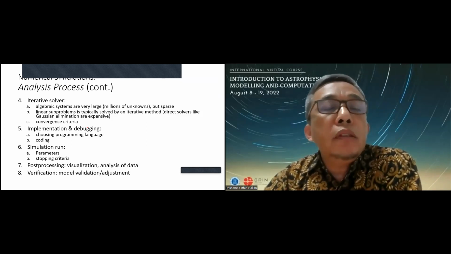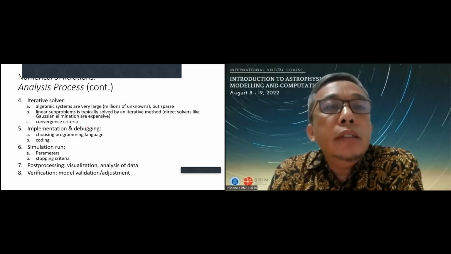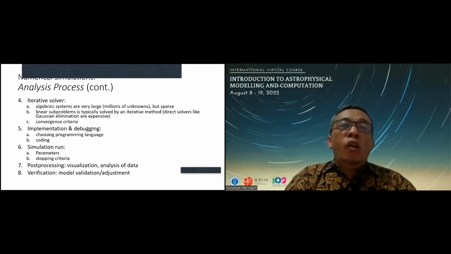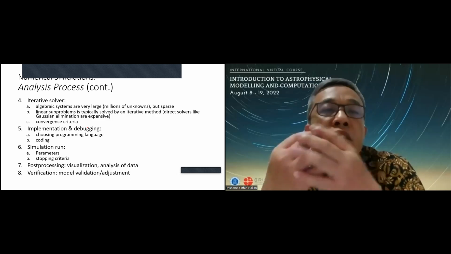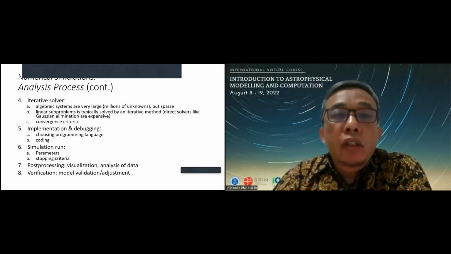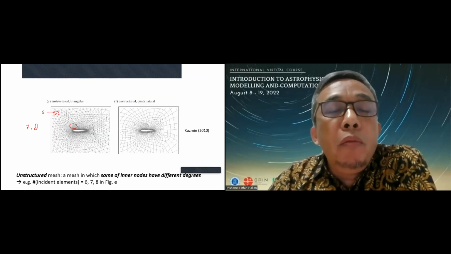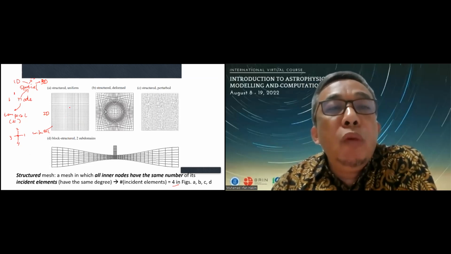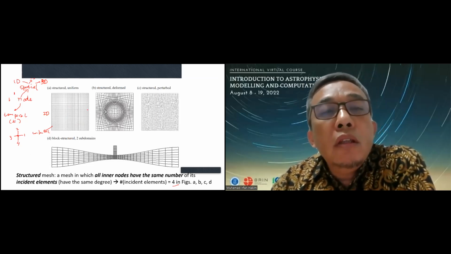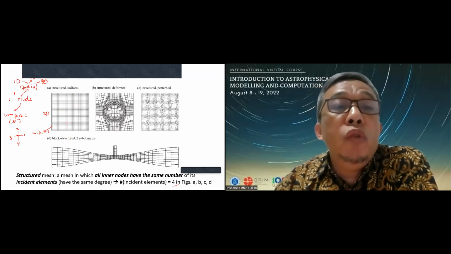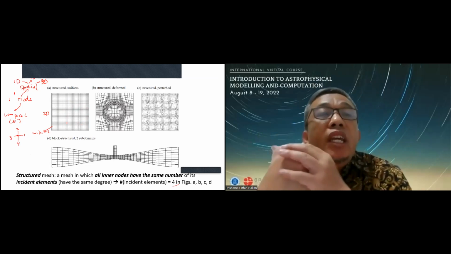The next step of the numerical simulation process is the iterative solver. We have to solve the algebraic system, which is very large, millions of unknowns. You can see here that for 2 dimensions, for example, we would have many internal nodes, which become many unknowns.